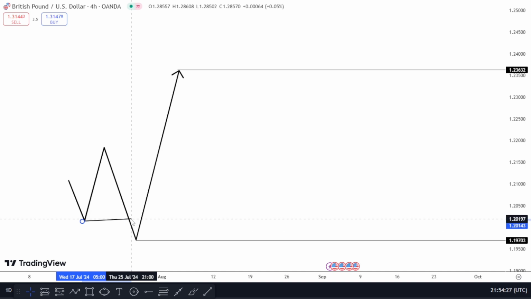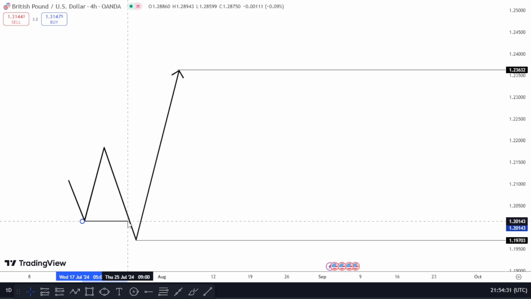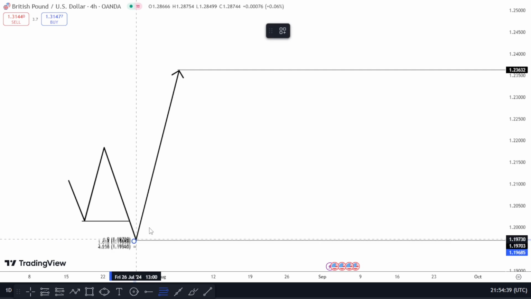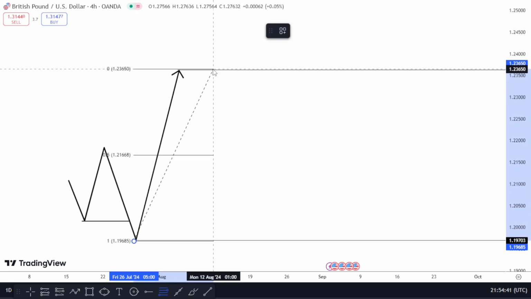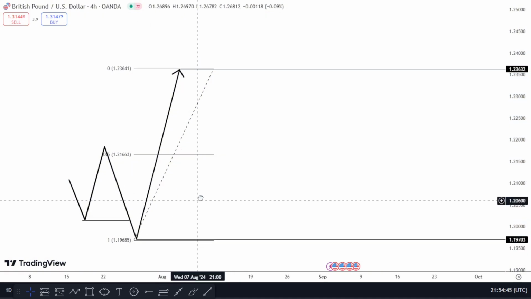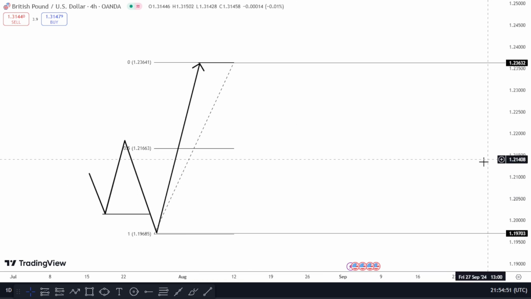So how do you identify where the POI comes in? This becomes your protected high and your protected low. Therefore, from your swing low to the swing high, this becomes our swing structure. So now, where do we identify or spot to actually be our POI?